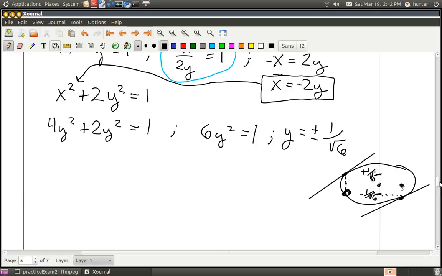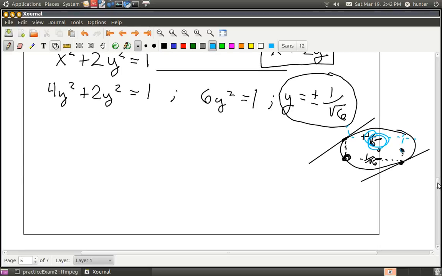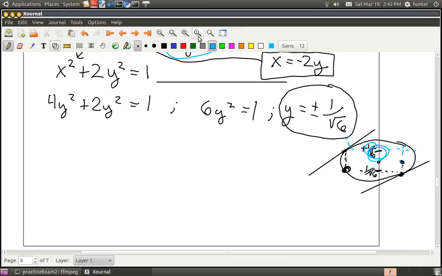Okay, so it's very easy because we can just plug back in. What we're going to do now is go back to the equation for the ellipse and say, if y is this, what are the possibilities for x? So let's set that up.